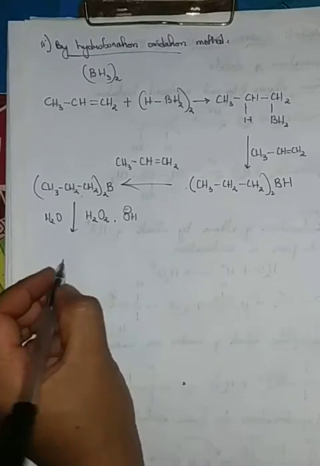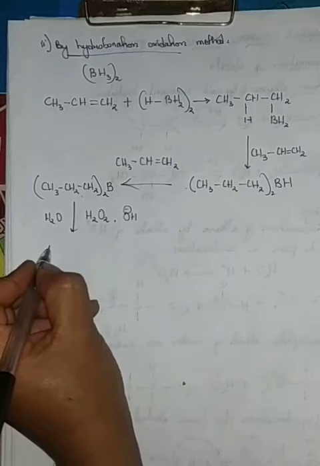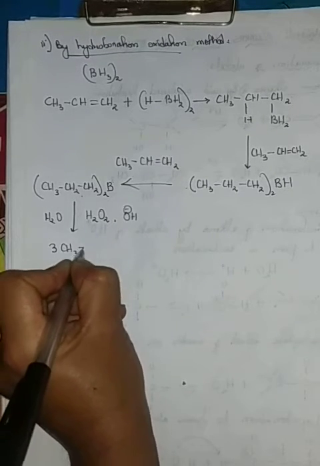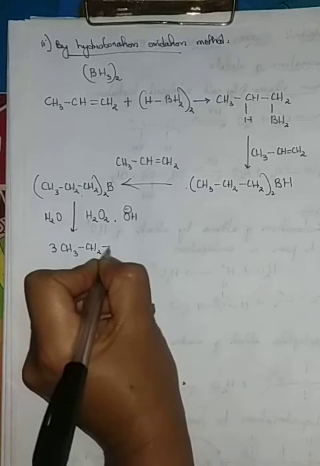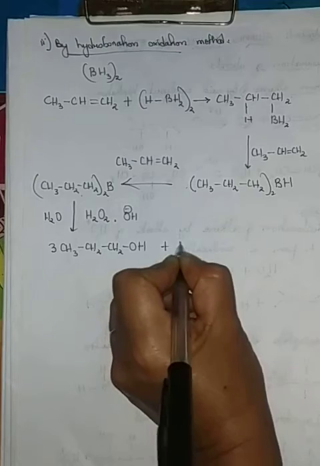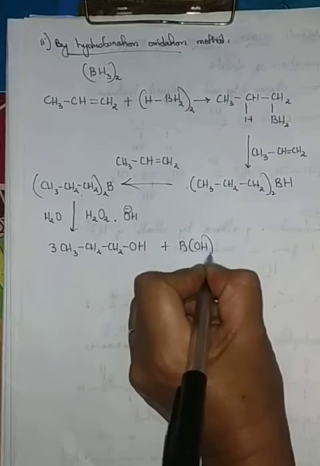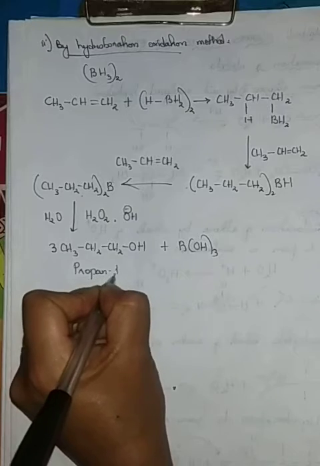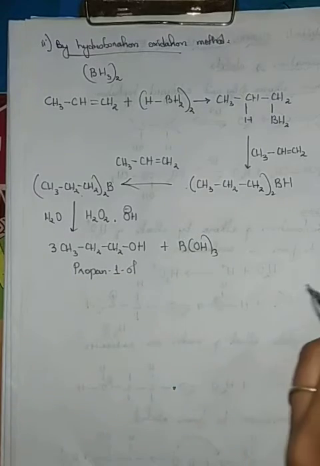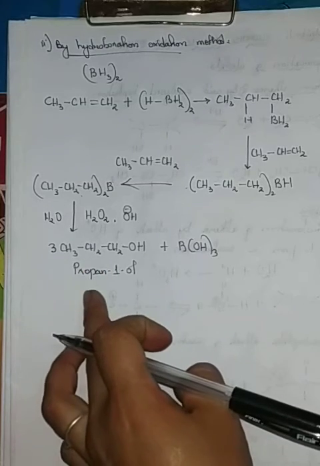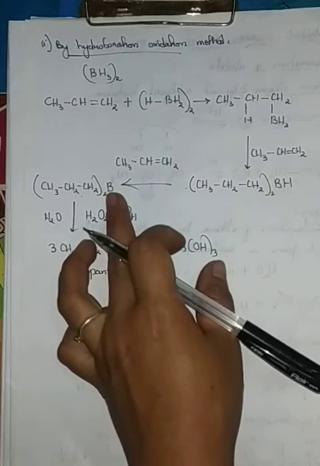On oxidation, we get three molecules of CH3CH2CH2OH, that is three molecules of alcohol, and B(OH)3. This is propan-1-ol.